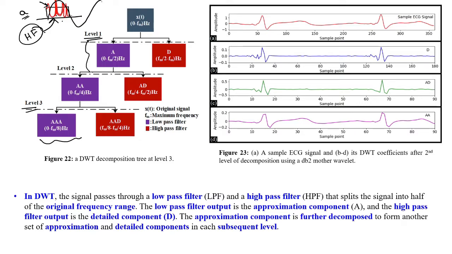They can easily fit into the smaller width, but the low frequency components are not fitting. One cycle is not there, so we cannot analyze it. So this is how, by changing this scaling factor, we are able to analyze both the low frequency and the high frequency components.